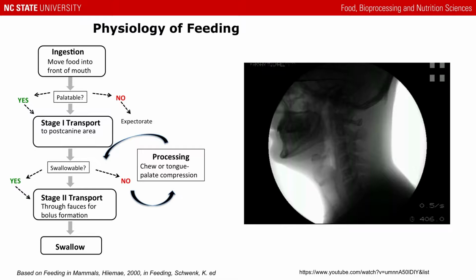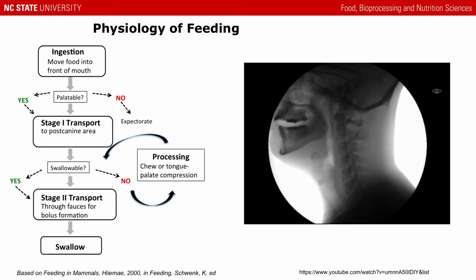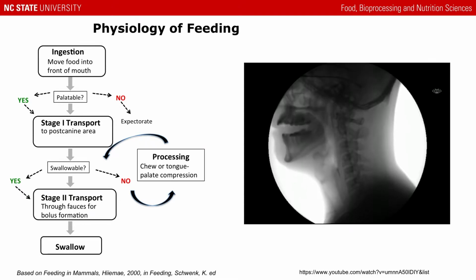And you're going to see that here. Initially, you're going to see this is a solid coming in. 1, 2, 3, 4, 5, 6, 7, 8, 9, 10, 11, 12, 13. And then a couple of motions to clear. Okay? 13 chews.